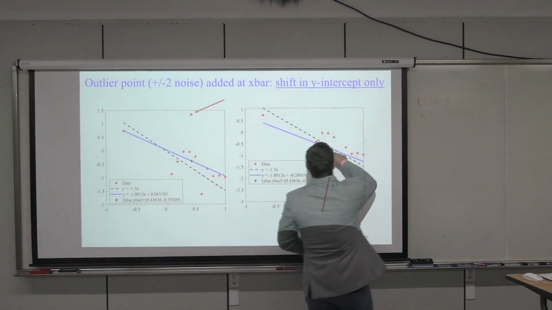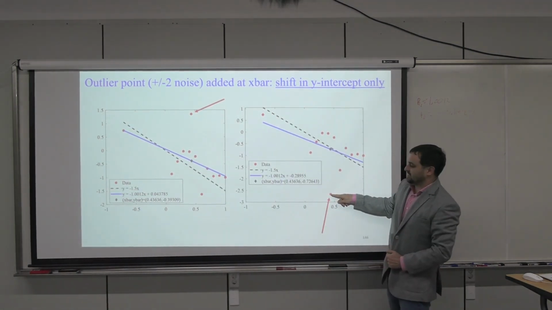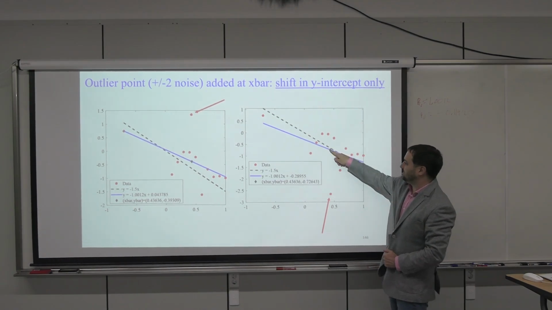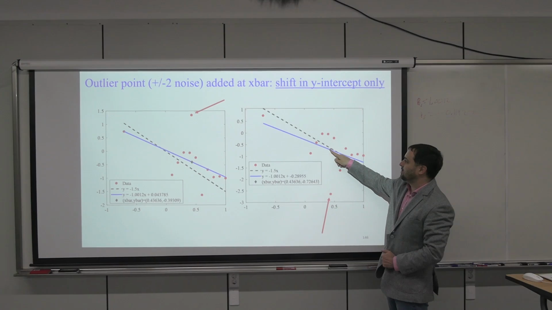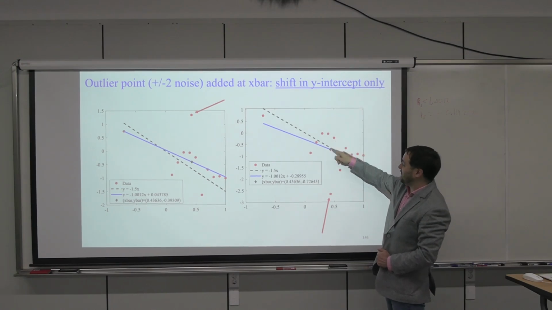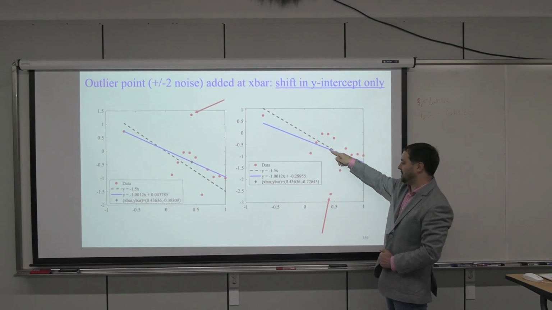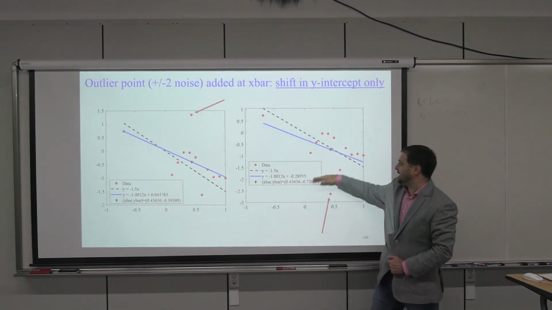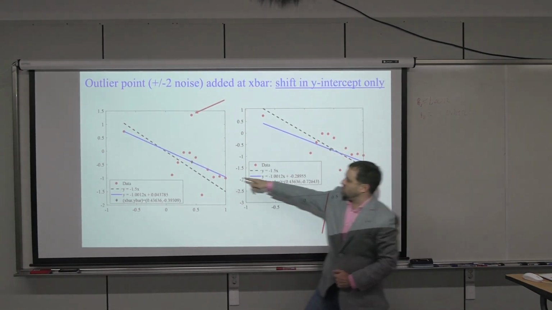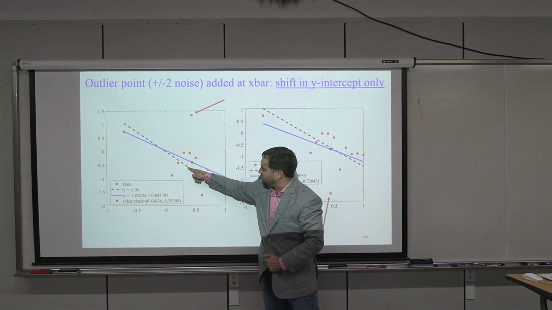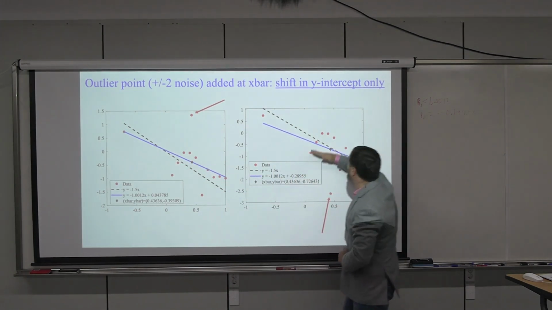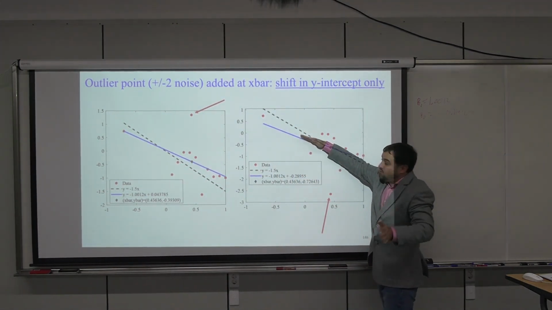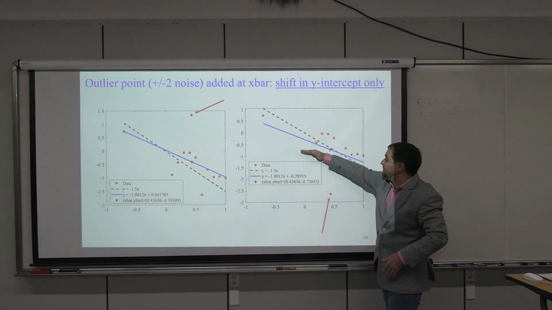And now here, we've done the same thing, but it's negative 2. We've added negative 1.5 times the x bar minus 2. So now we have an outlier on the other side. The slope is staying the same, but looking at it relative to the actual underlying function, it's just shifted down a little bit.